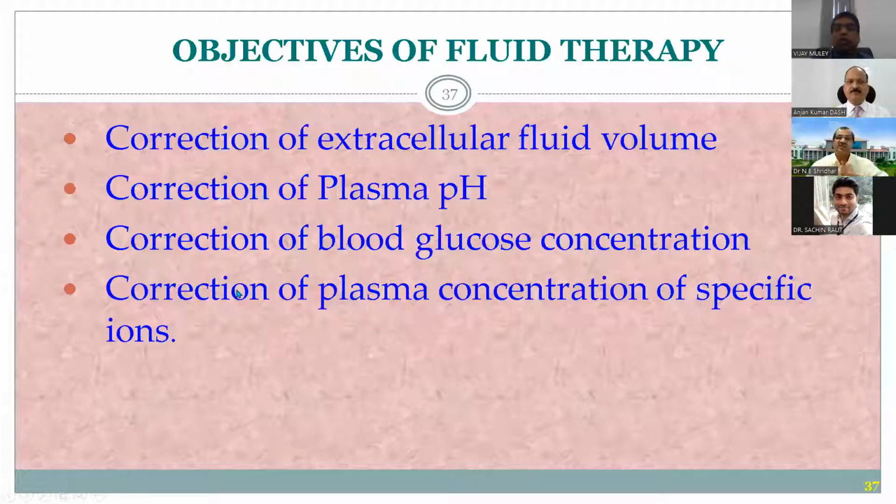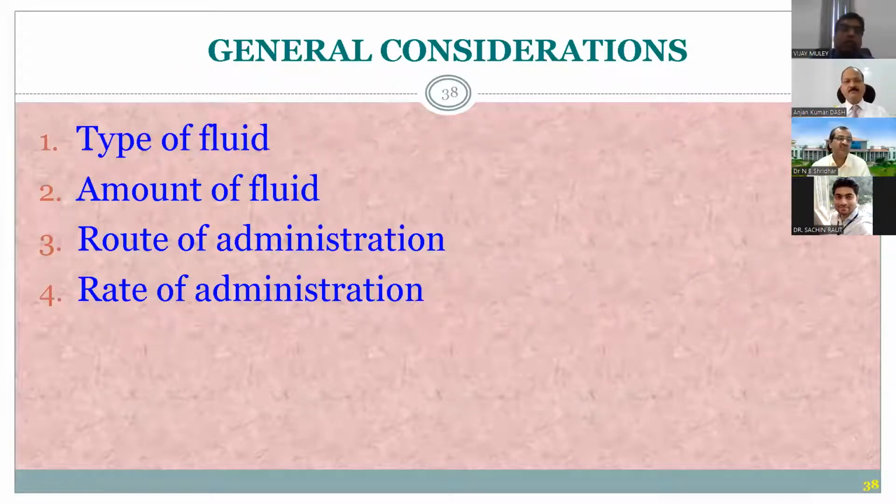So the objectives of fluid and electrolyte therapy, there are a lot of objectives. Of course, we need to correct the extracellular fluid volume. Then also we need to correct the plasma pH. Then correction of the blood glucose concentration. Then correction of the plasma concentration of specific ions, especially sodium and potassium.